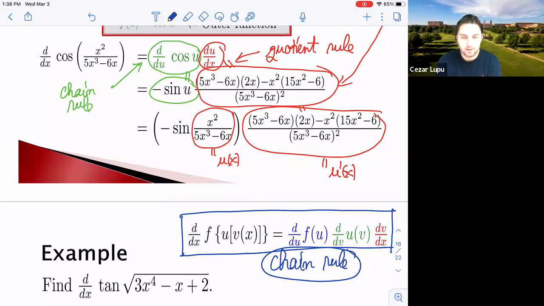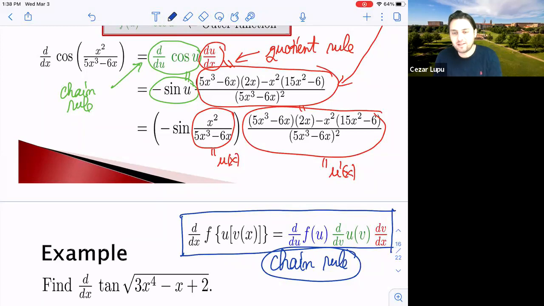U of V, pay attention here. It's a bit tricky. U of V will be what? Because you see, I have the tangent, I have the square root, and I have 3x squared minus x plus 2.